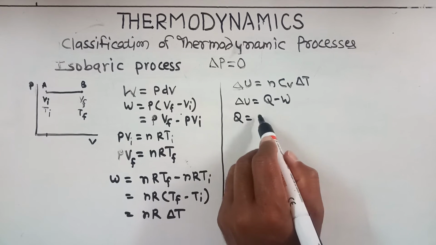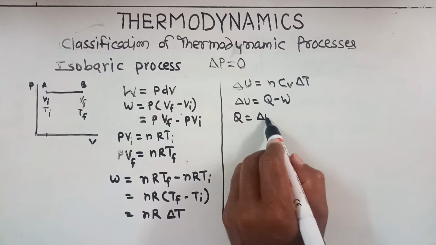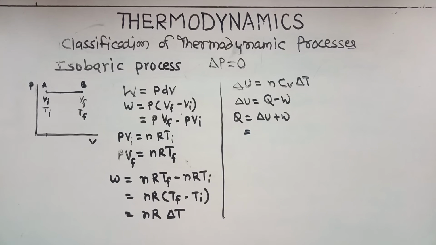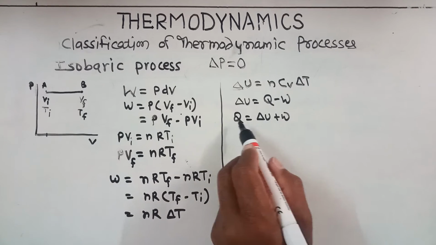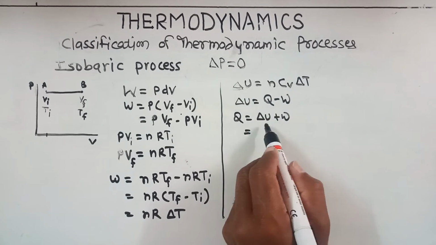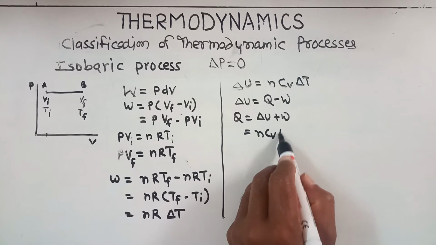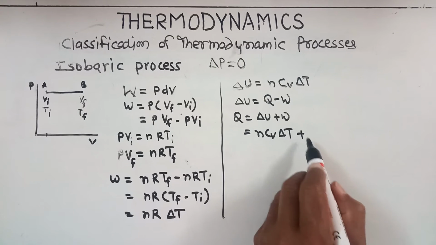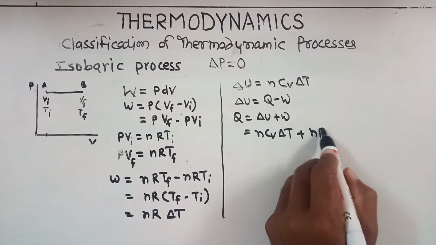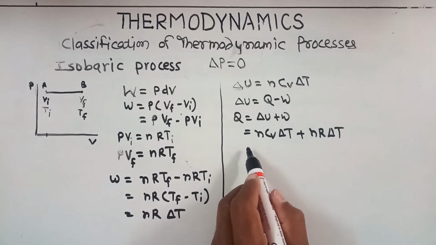So the heat supplied Q is equal to del U plus W. Now let us find the heat supplied to the system Q. Q is equal to del U, and del U is equal to n Cv dT, plus the work done, and the work done is equal to nR dT.